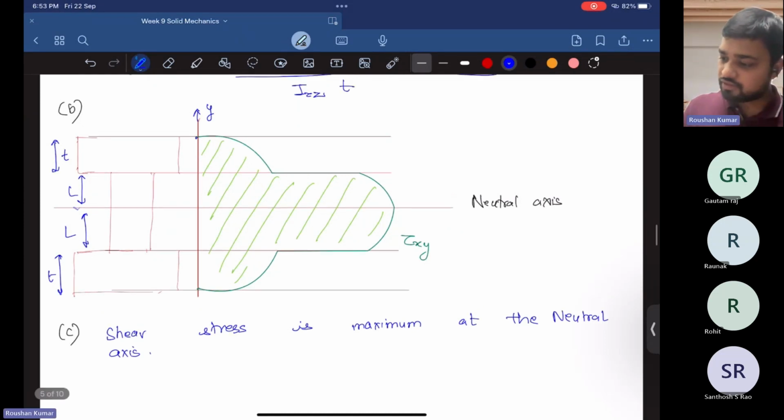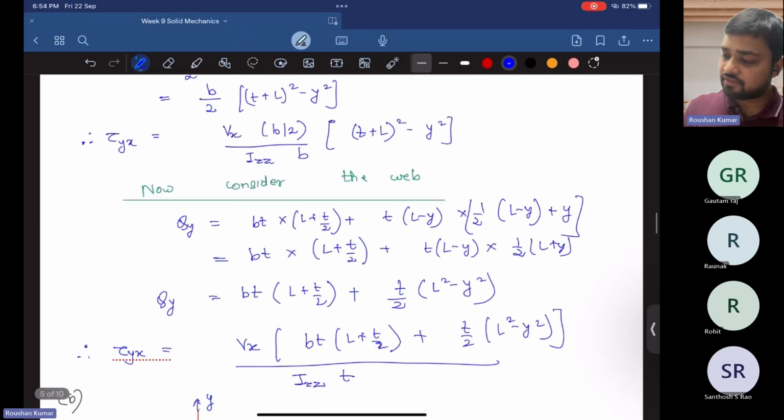And the next part of this question is, find the ratio of maximum shear stress to average shear stress.